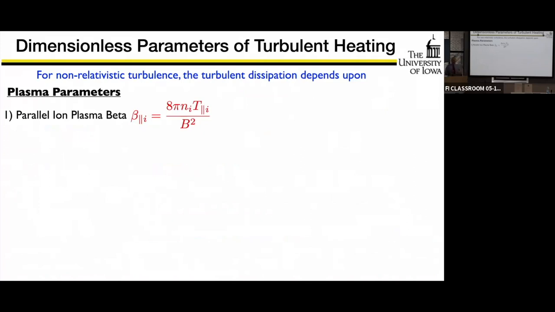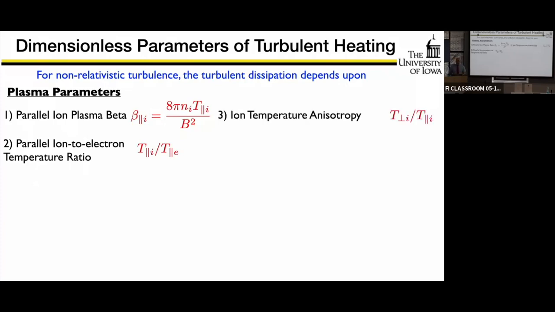In this case, we're going to be very particular and define it as the parallel ion plasma beta. So it's the parallel thermal pressure over the magnetic pressure, okay? A second parameter is the ratio of the ion to electron temperatures, and we'll specifically focus on the parallel temperatures here, okay? Two more parameters are the ion temperature anisotropy and the electron temperature anisotropy.